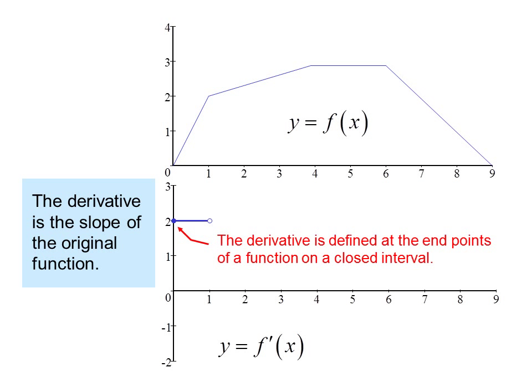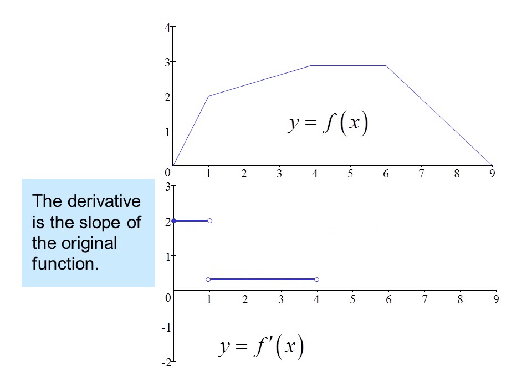The derivative is defined at the endpoints of a function on a closed interval. From 1 to 4, the slope is 1/3, so the derivative is 1/3. From 4 to 6, the slope is 0, so the derivative is 0. And from 6 to 9, the slope is -1, so the derivative is -1.